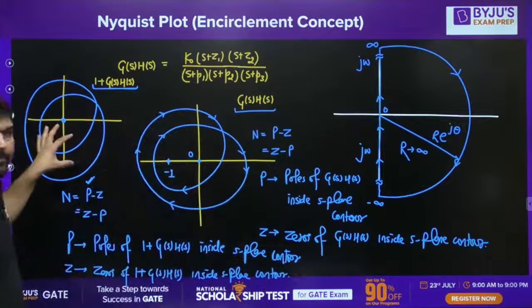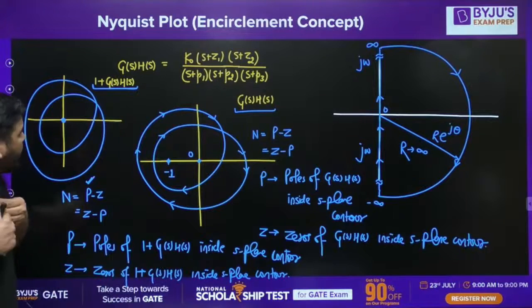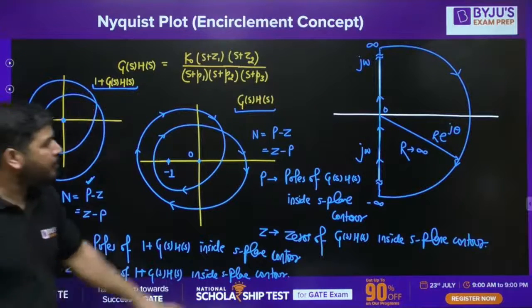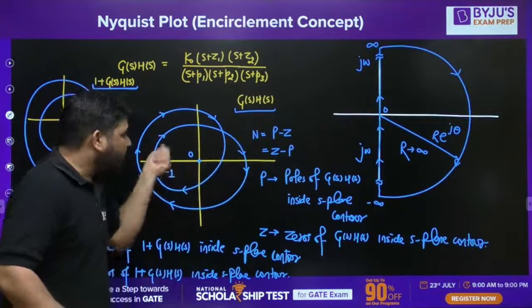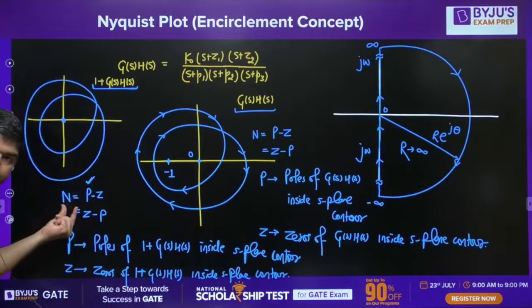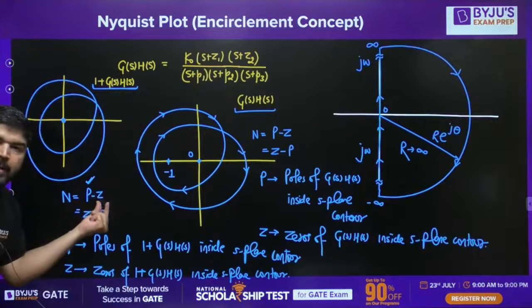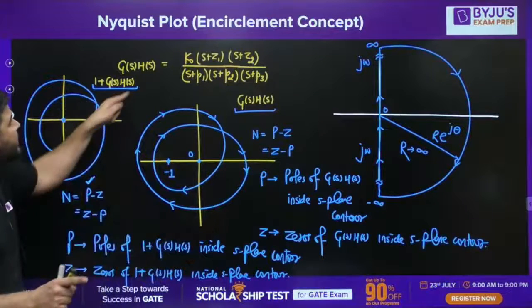There is one more way, guys. You don't need to map into 1 plus G(s)H(s). You map this S-plane contour into G(s)H(s) and look at the encirclement of -1. That encirclement of -1 is again the same, and you can write it equal to P minus Z, where P and Z are the poles and zeros of 1 plus G(s)H(s).